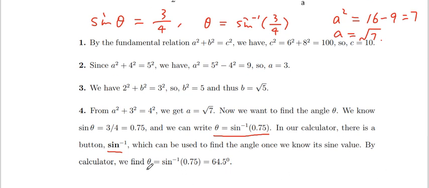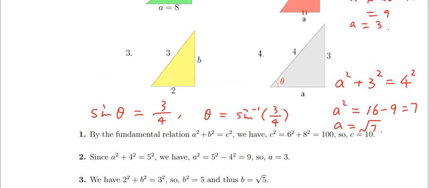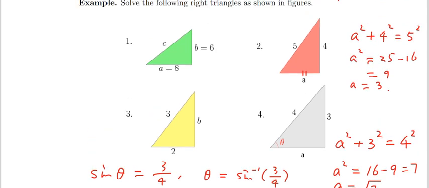So we find this angle equals 64.5. This 64.5 is in degrees. Okay, so those kinds of problems are solving right triangle problems. If you give me 2 things, we can find the others. If you give me 2 sides, like problem 4, we can find the other side and also find these angles.